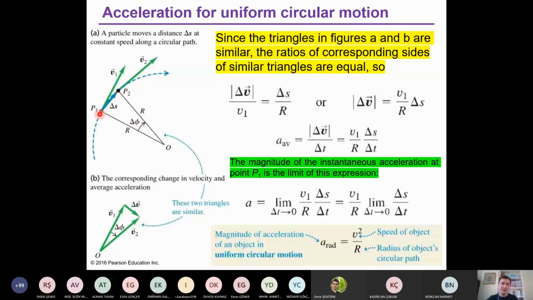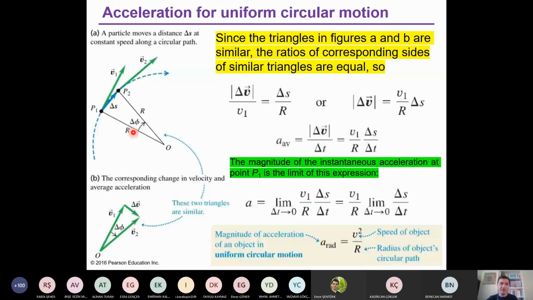So what do you see here? A triangle, delta phi angle. This is the R, this is the R, and this is delta S. And here I have V1 vector and V2 vector. Just take them and calculate delta V. So this is V1 vector, this is V2 vector, initial and final velocities.